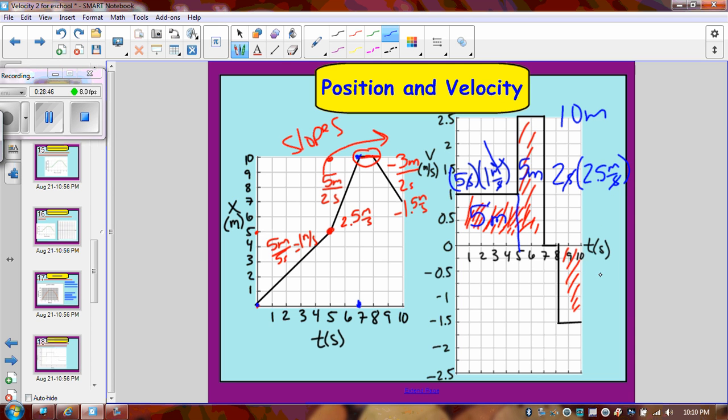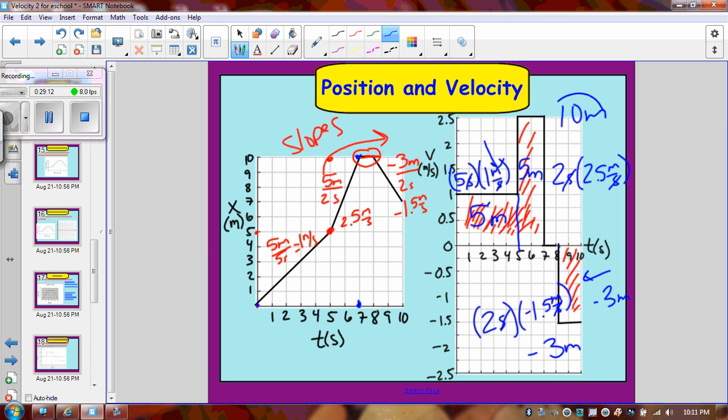Now let's figure out what's the area for this rectangle. The base is 2 seconds because we're going from time 8 seconds to time 10 seconds. So change in t or base is 2 seconds. But the height is negative 1.5 meters per second. Seconds cancels out, and negative 1.5 times 2 is negative 3 meters. So the displacement here is negative 3 meters.